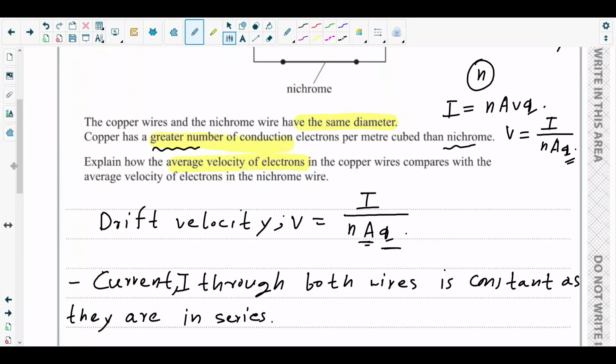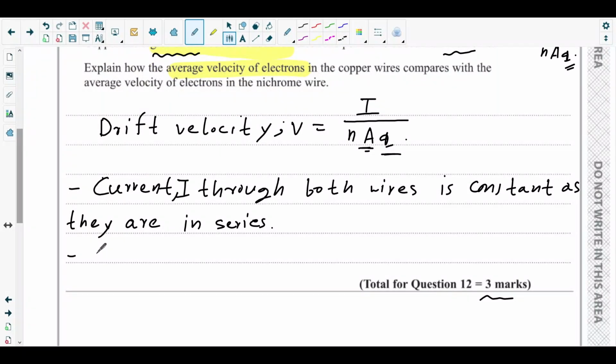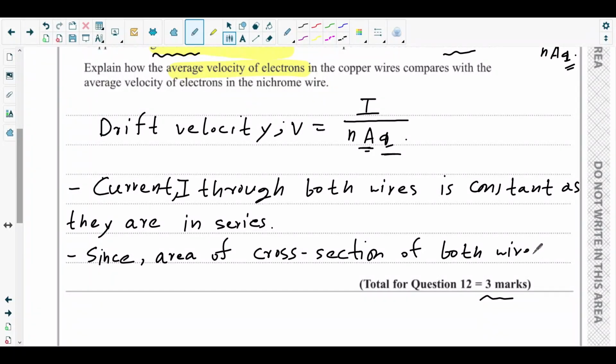q is the charge of electrons, right? So we can write here, since the area of cross section of both wires are equal, drift velocity v is inversely proportional to the charge carrier density, because A is constant, q is constant, I is also constant.